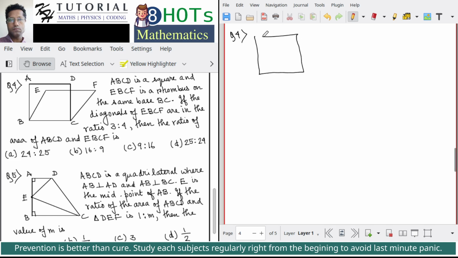Let's draw the square. This is the square A, B, C and D. Let's draw the rhombus.